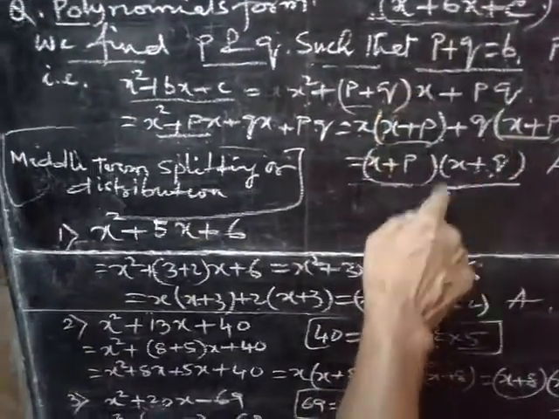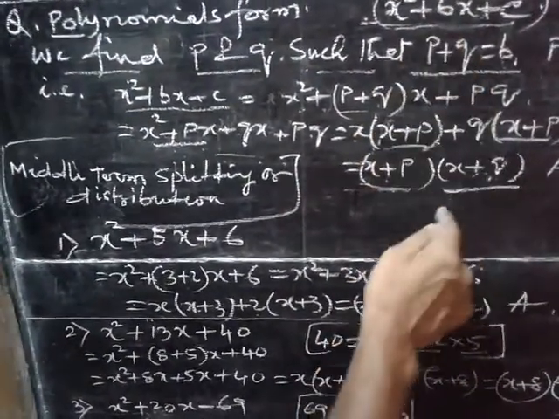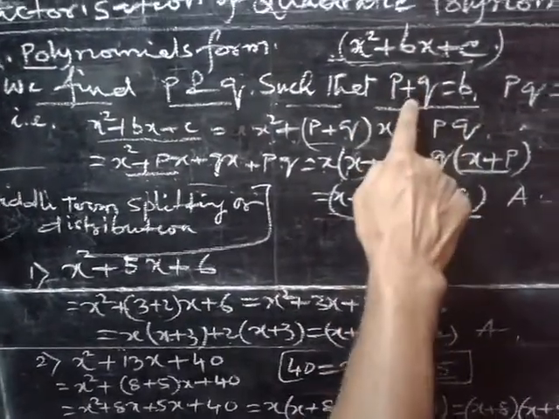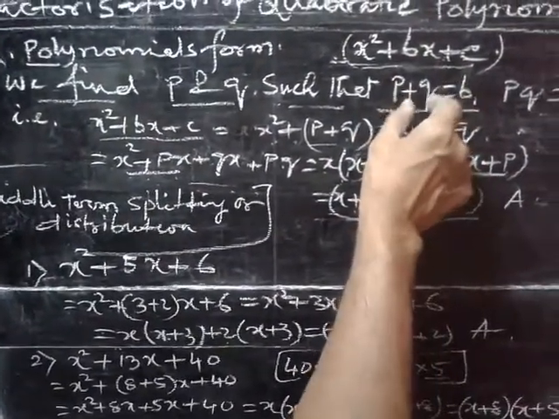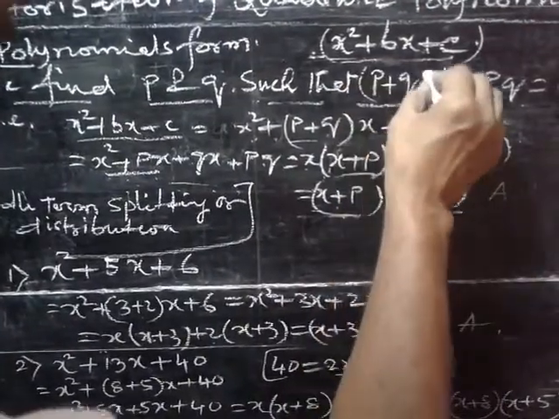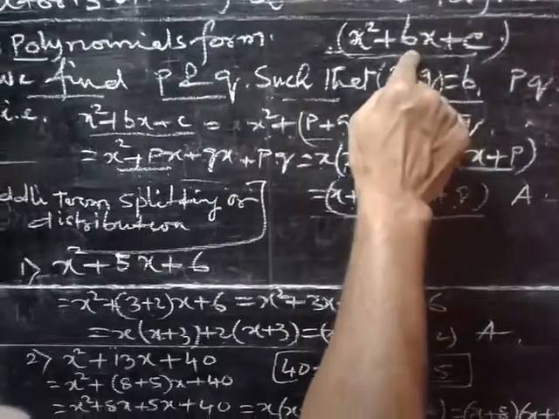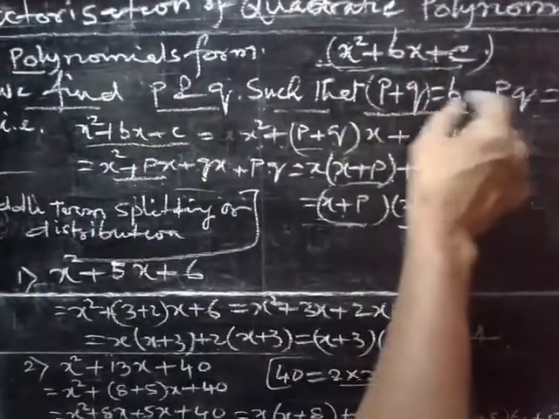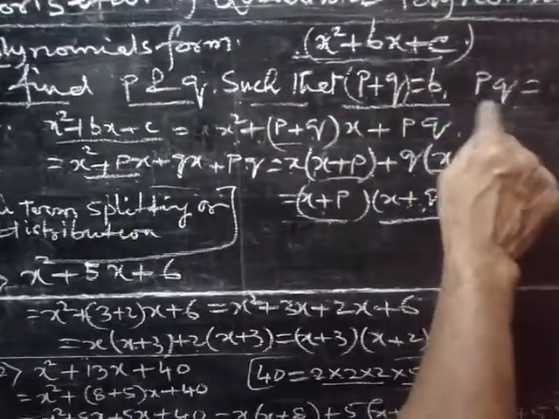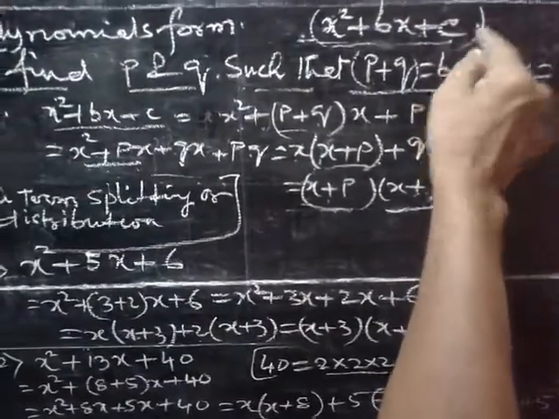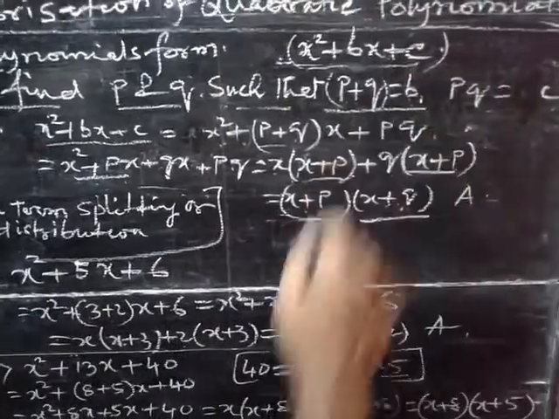And what we have done, just try to think about that. That is the algorithm. The middle term, the coefficient of x, will be split into two parts, where these two parts, after summation, will give b. And if we multiply them, p into q must be the third term, c, the constant term.